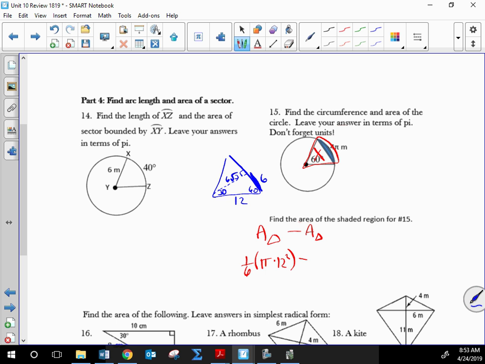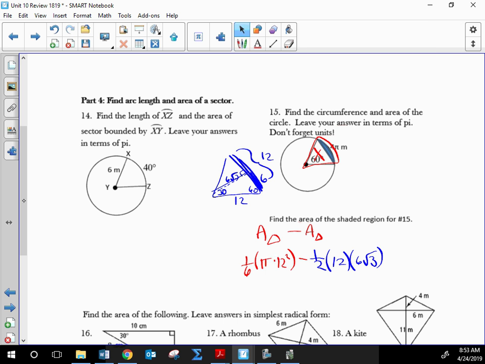Okay, so area of a triangle is 1/2 my base. Your base and your height are perpendicular, so my base ends up being 6 plus 6, which is 12, and my height was 6 root 3. Okay, so let's go from here.